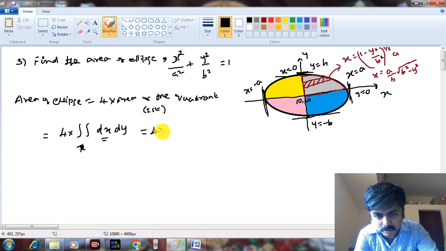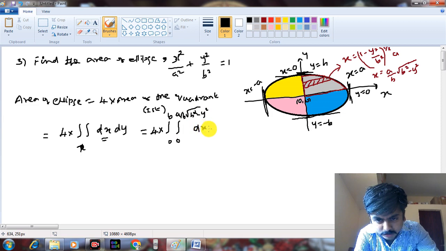4 times the double integral, the limits of x are 0 to a by b root of b square minus y square, and the limit of y is 0 to b, with dx dy.